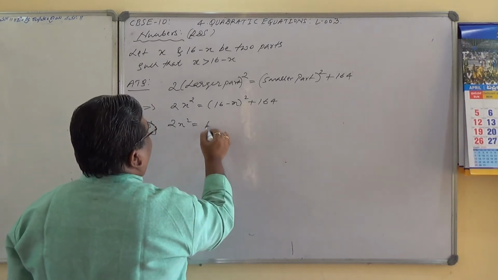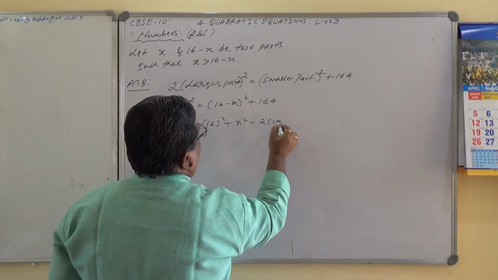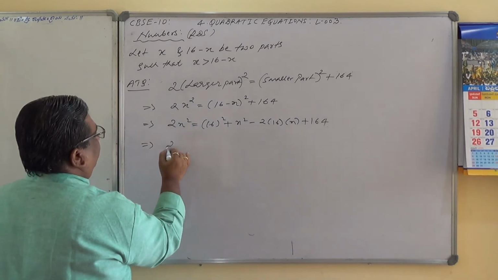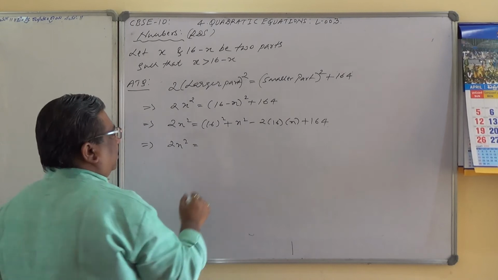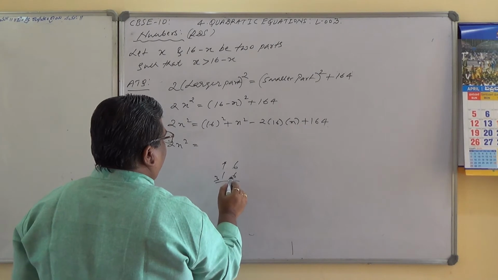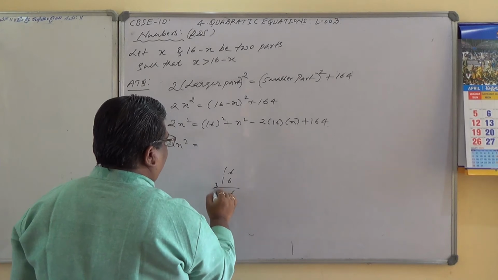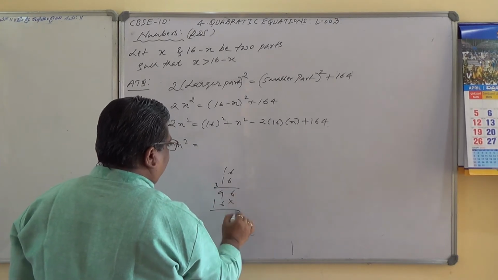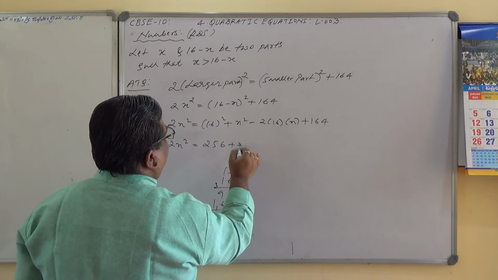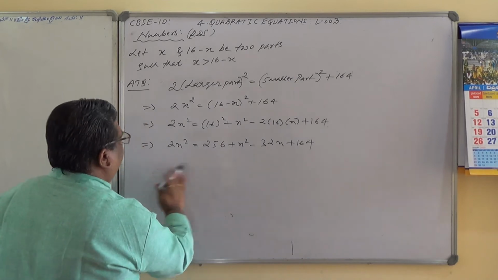Okay, we can do this way. 2x square equals 16 square plus x square minus 2 into 16 into x plus 164. What is 16 square? 16 square is 256. So 2x square equals 256 plus x square minus 32x plus 164.